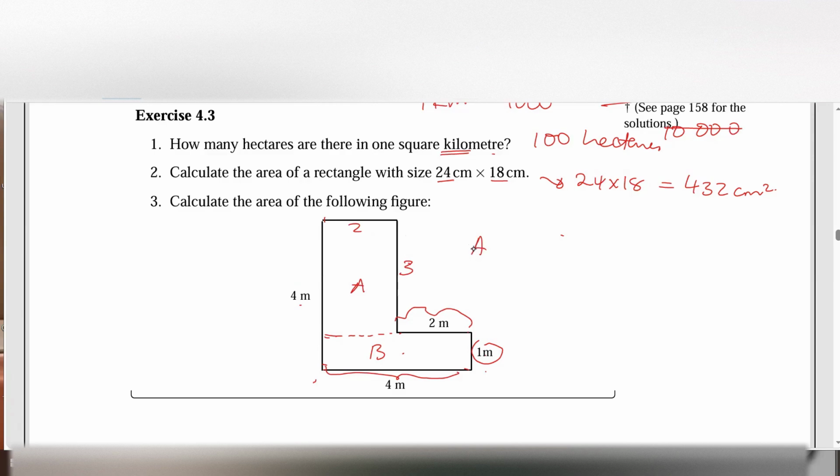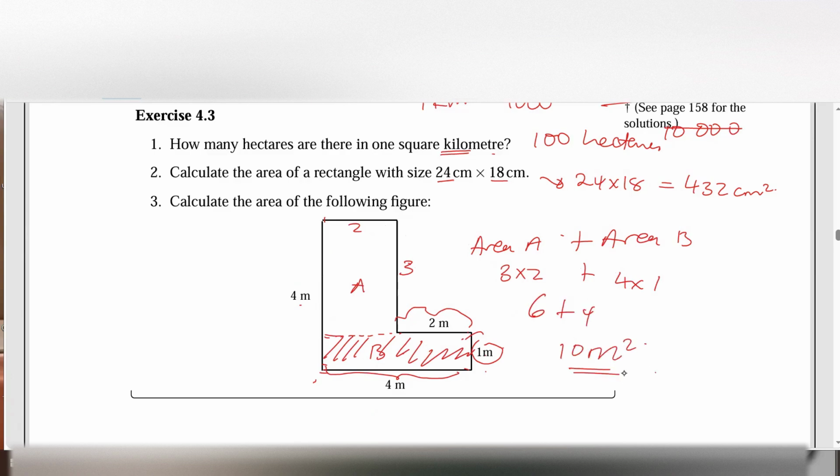So I'll say that the area of A plus the area of B. A is going to be 3 times 2 since it's a rectangle. This is also a rectangle, which is length 4, so it's going to be 4 times 1. So 4 by 1 is 4. So that is 6 plus 4. I get 10 meters squared. That is our area.